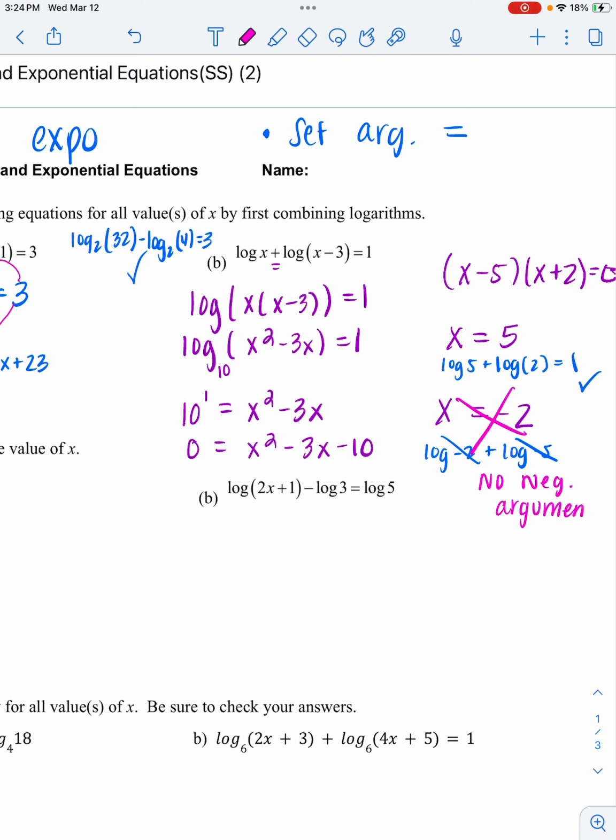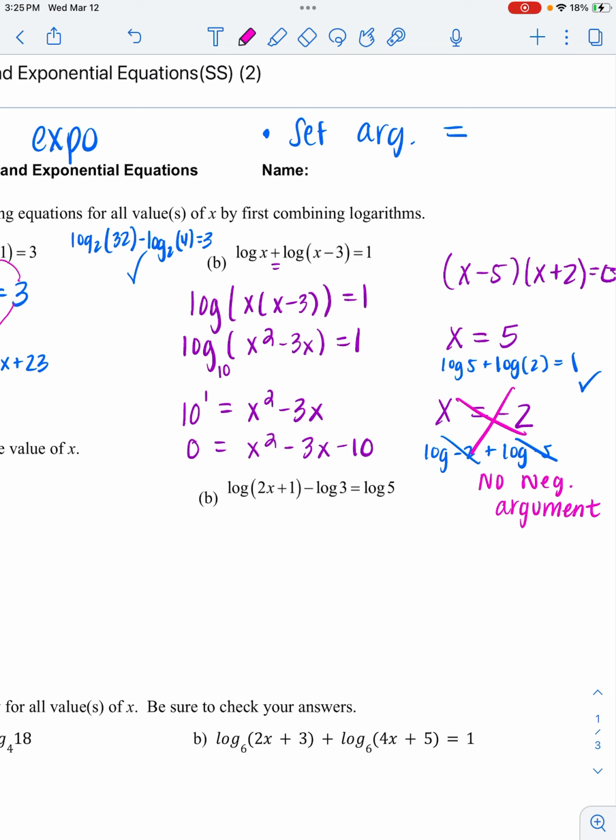Just like when we had those exponentials, we couldn't have a negative argument, so we had no solution. But since there are two possible solutions here, I would end up getting extraneous solutions. So you will have to check your answers every single time.